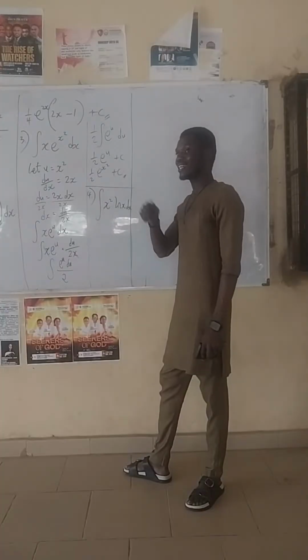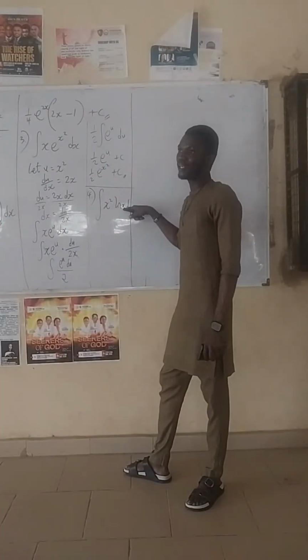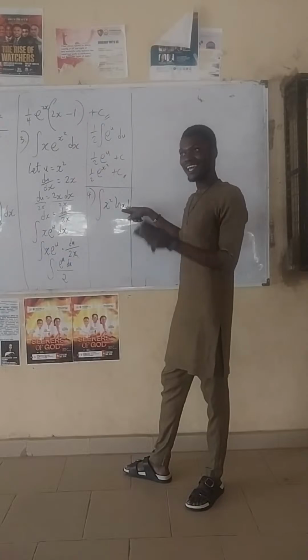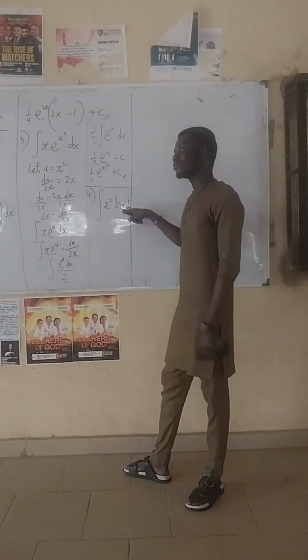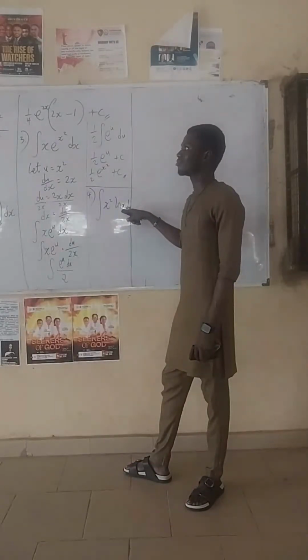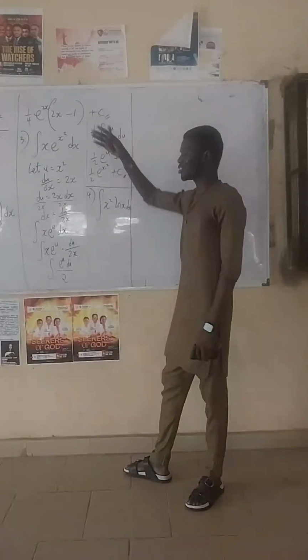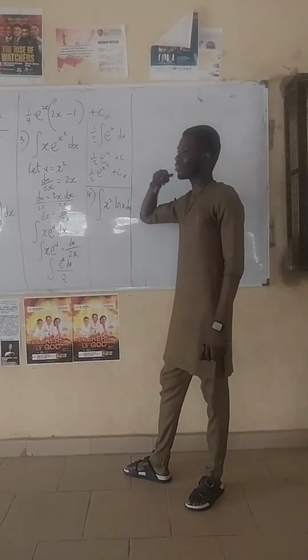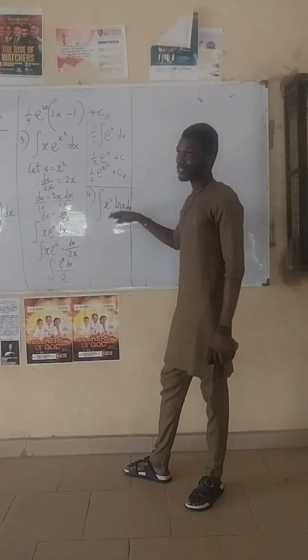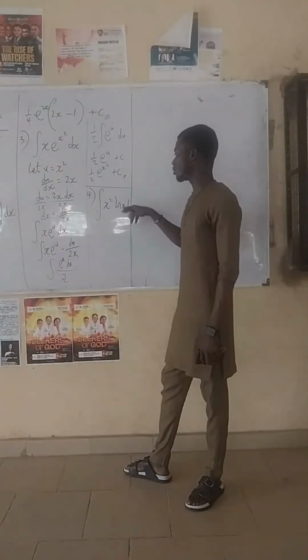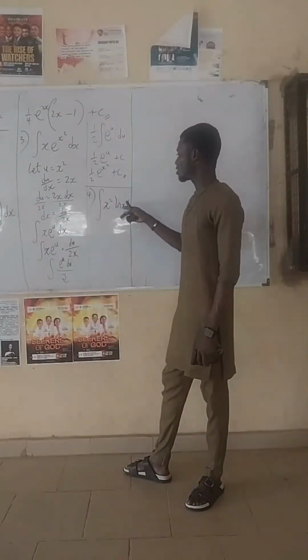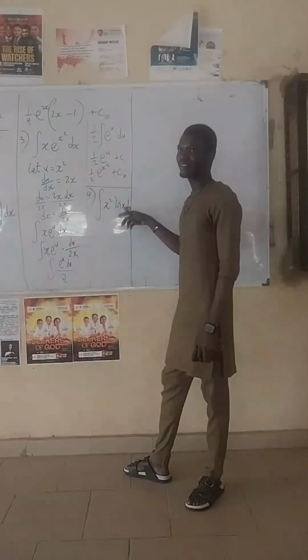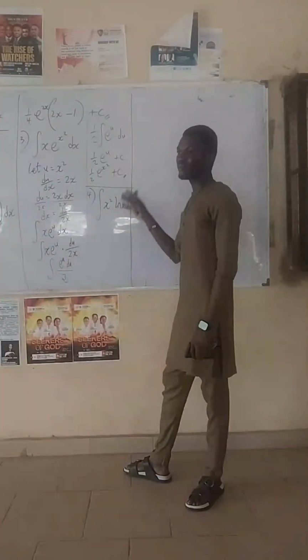But that x in 2x cannot cancel the x here, because it's ln x. Even with something like exponential, it cannot cancel. There's no way to use substitution here. And we cannot say let u equals x, because the derivative of it is 1. So this one is by parts.